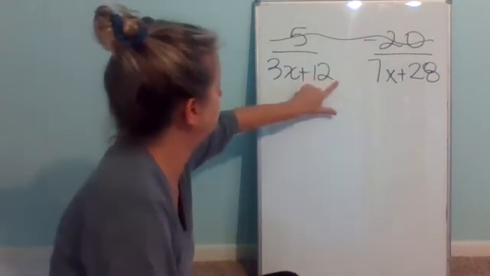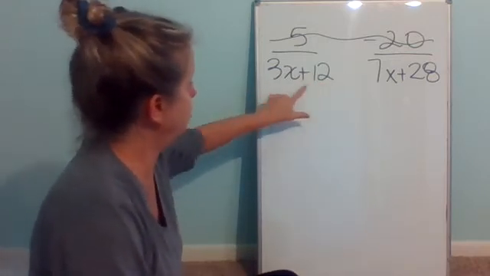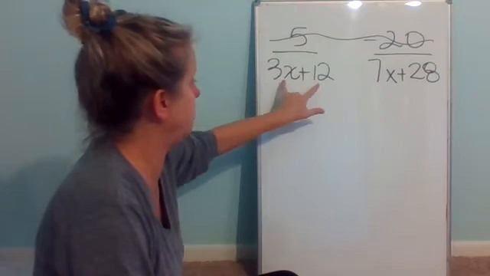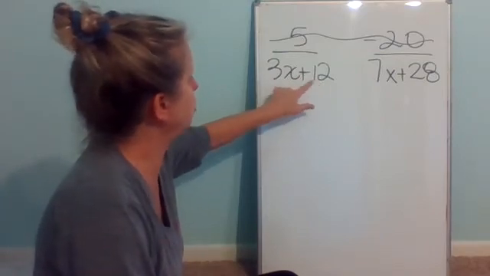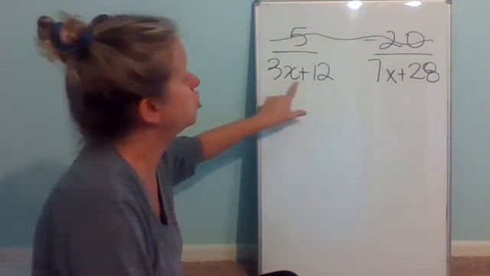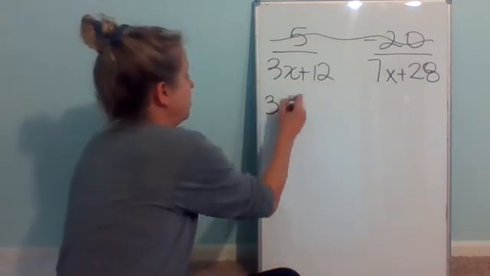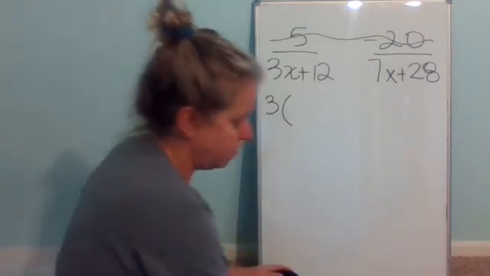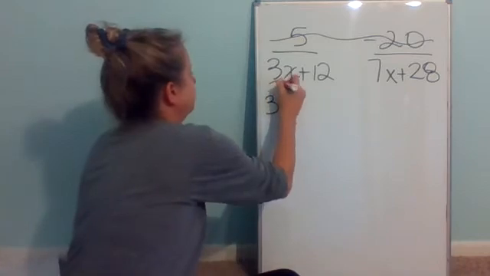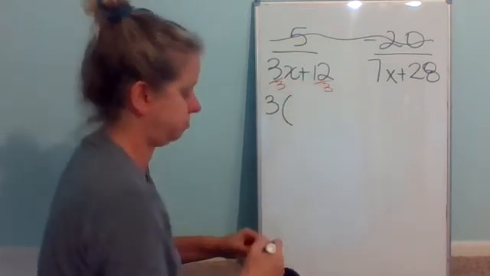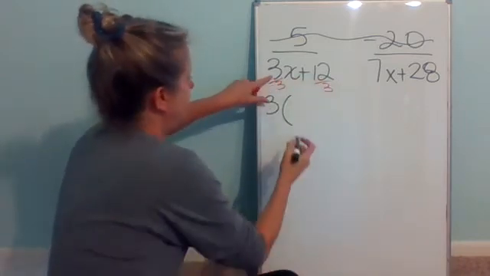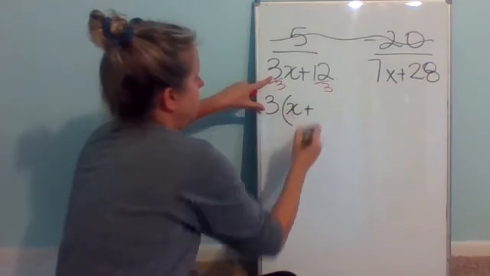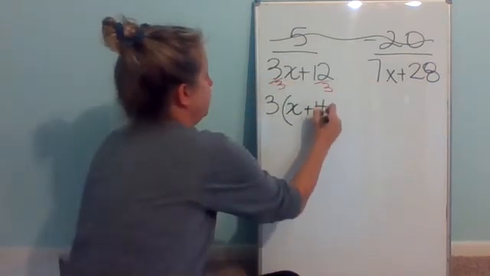Looking at this one, I have more than one term, which means I need to look for something in common. What goes into 3 and 12? 3 goes into both of them, so I'm going to pull that out. If you divide them both by 3, what are you going to have? I'll have the x plus 12 over 3 is 4.